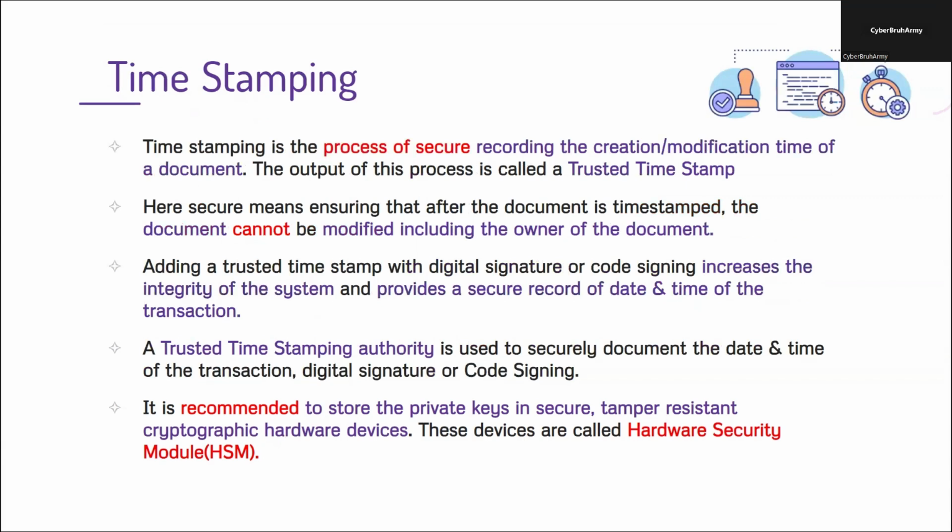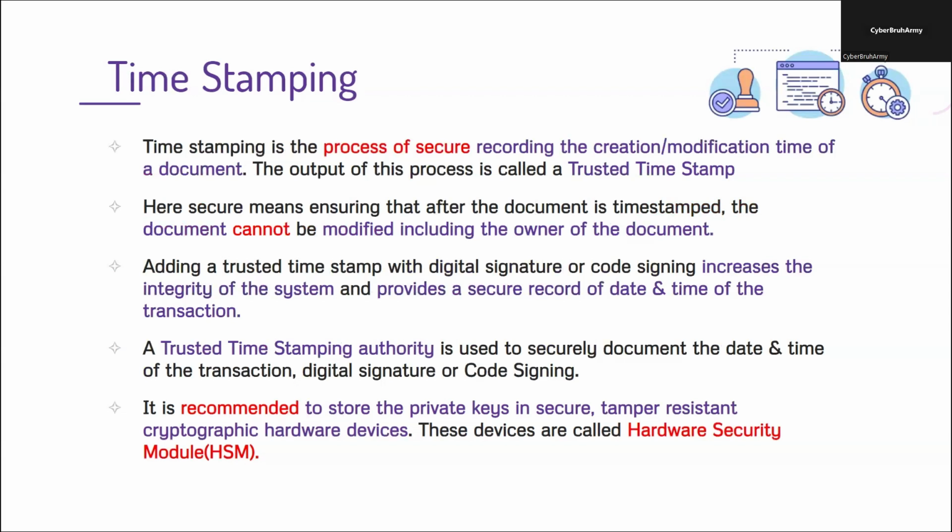Time stamping. Time stamping is the process of securely recording the creation and modification time of a document. For example, when I create or modify a document, it stamps the time. The output of this process is what we call a trusted time stamp.